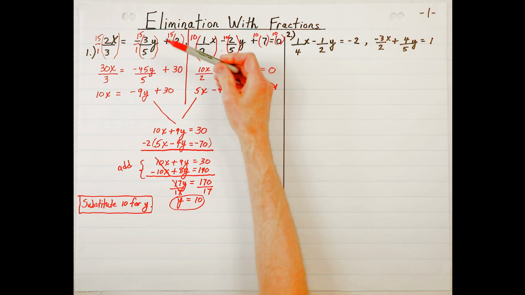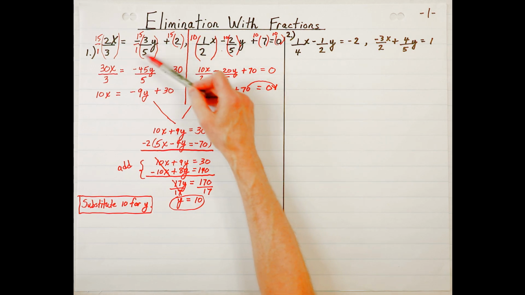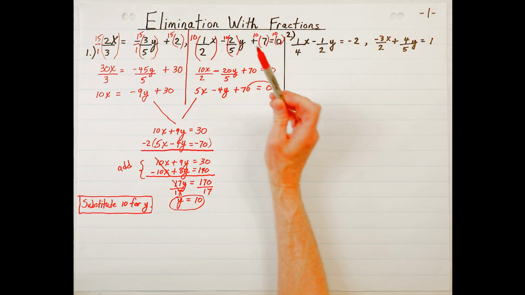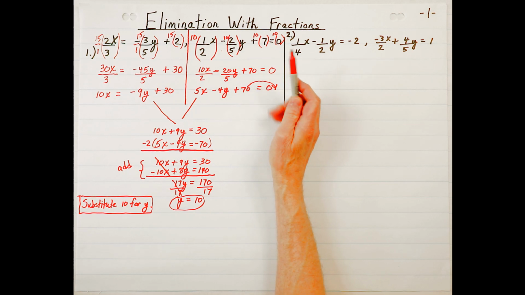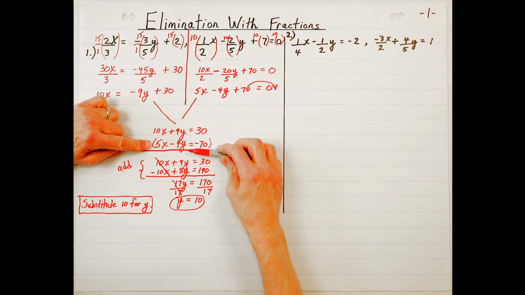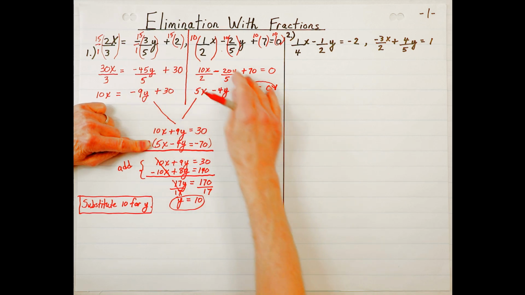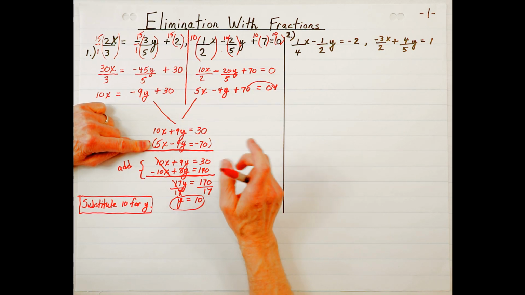Now, I'm going to choose not to use one of these equations up here because these equations have fractions in them. Easy to make a mistake. So what I'm going to do is use one of these equations here. If I did everything up here correctly, these equations should be okay.